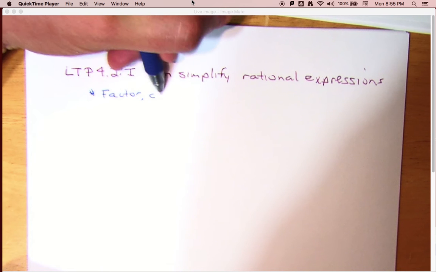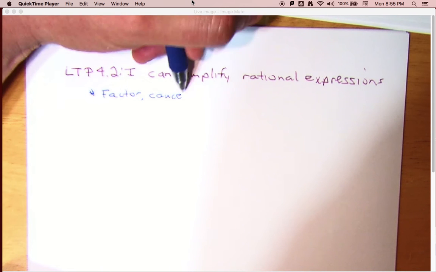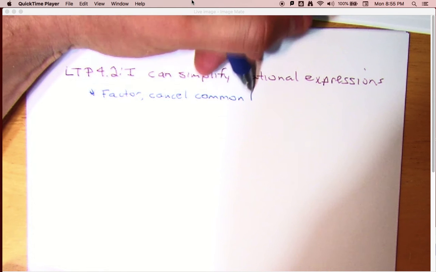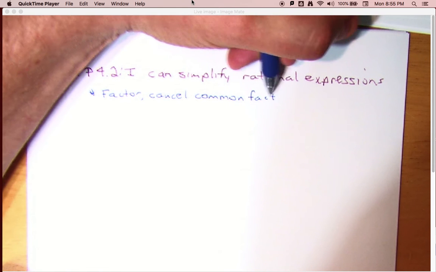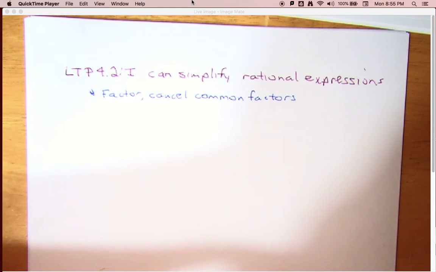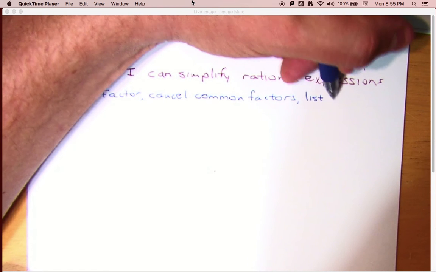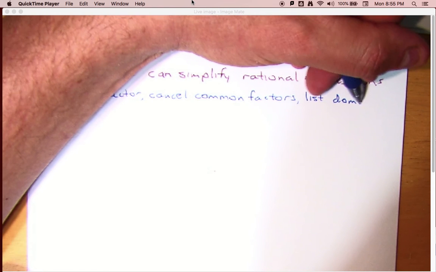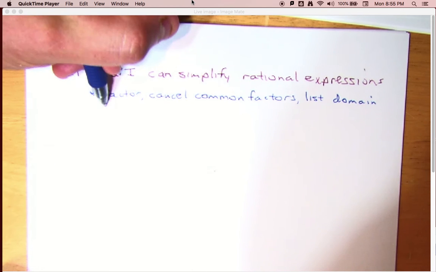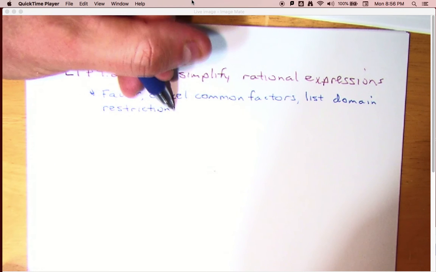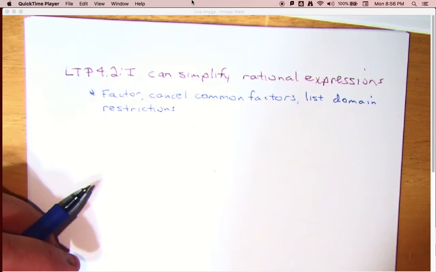You're going to have to cancel your common factors. All right, so we're going to cancel our common factors. And then the last thing you have to do is list your domain restrictions. And that goes back to your common factors.